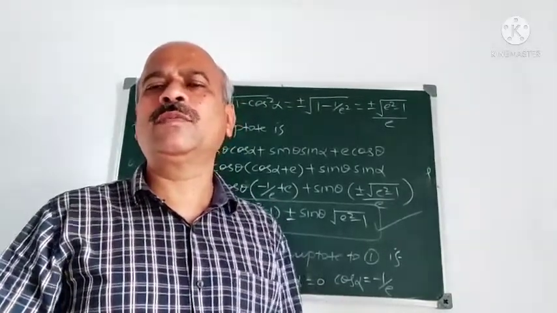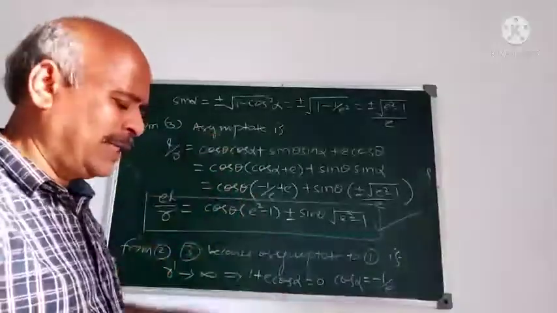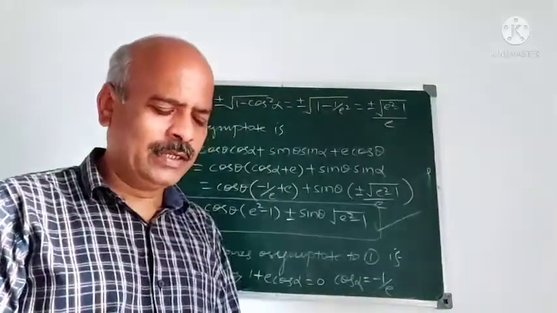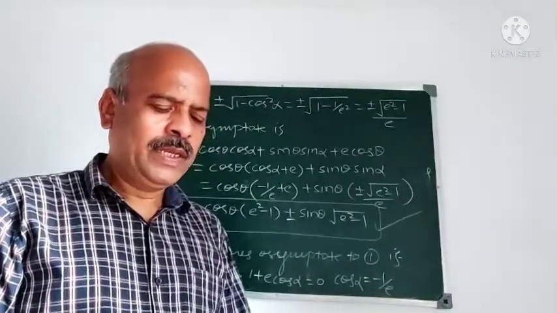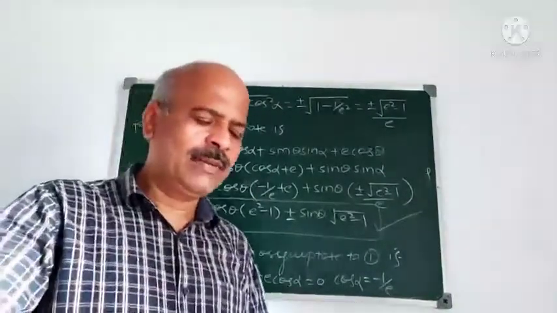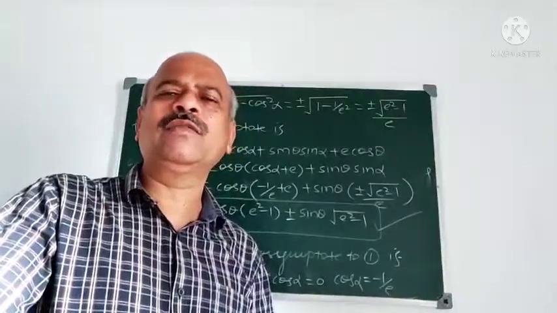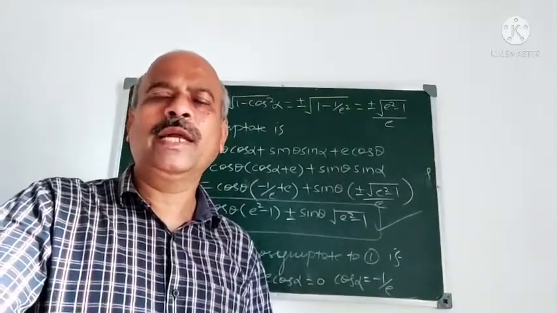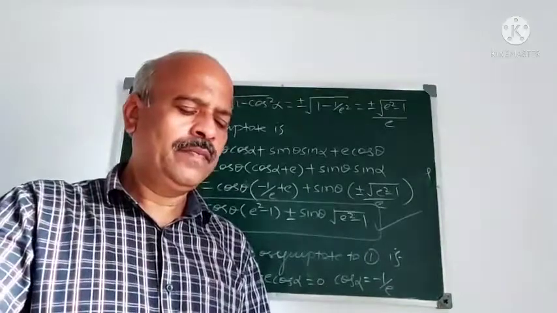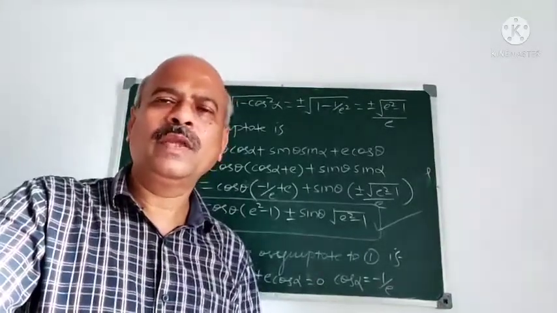Then you take directly the equation of the tangent. You need not derive the tangent also. What is the equation of the tangent? L by R is cos theta minus alpha plus e cos theta, the equation of the tangent at any point alpha. You have to start with this.